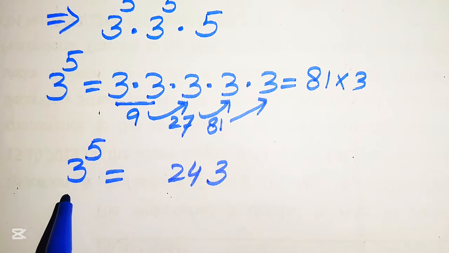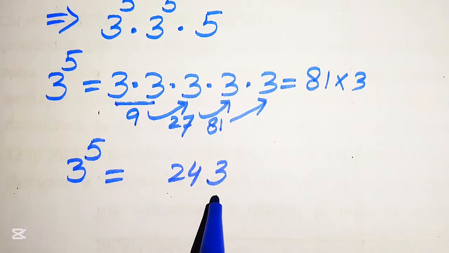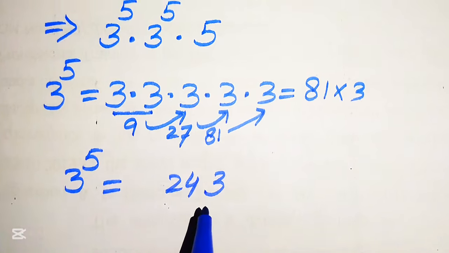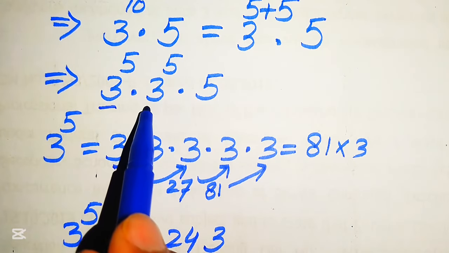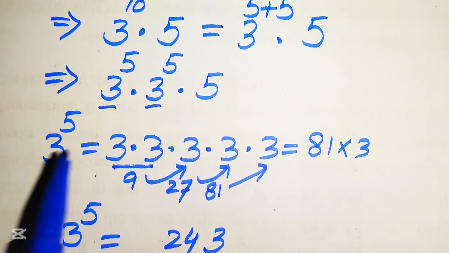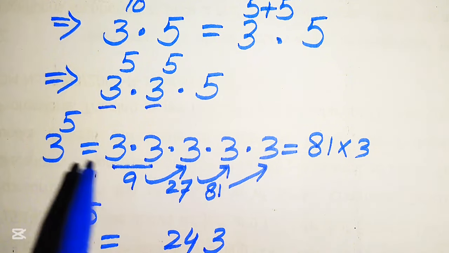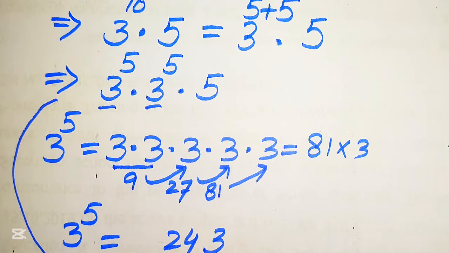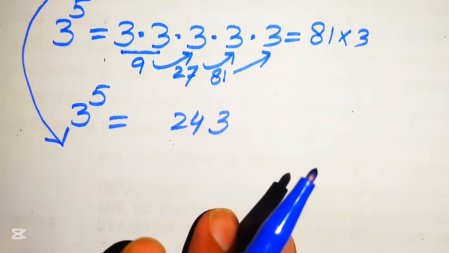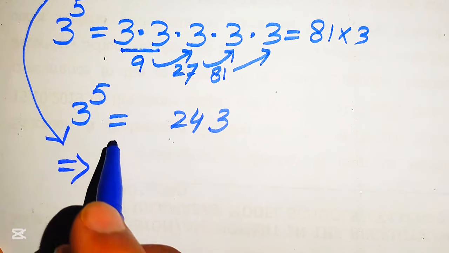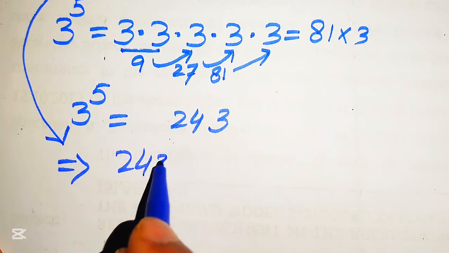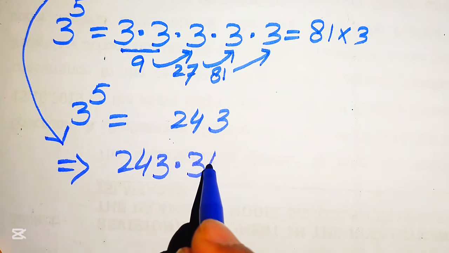It means that 3 to the power of 5 equals 243. So we can replace this value here: 243 multiplied by 243 multiplied by 5.